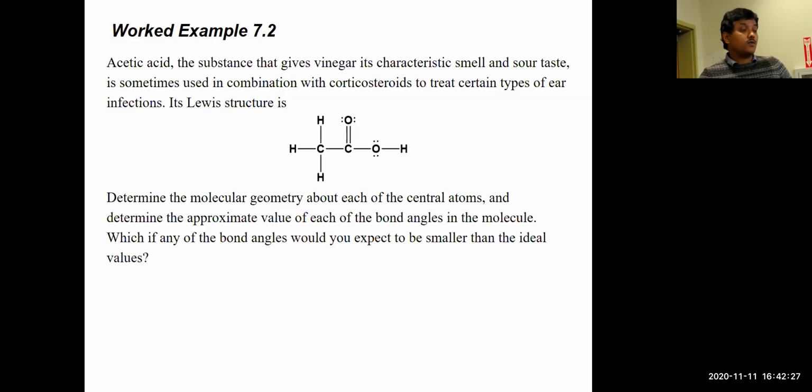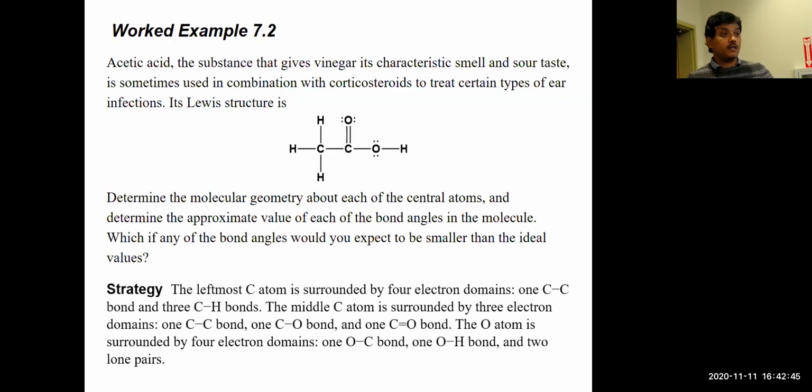Let's look into them. So for this, first, just like what we did in the last slide, you need to identify how many electron domains are around each central atom and check if any of those domains have double bonds or lone pairs, so that the bond angles could be lower than what they ideally should be.